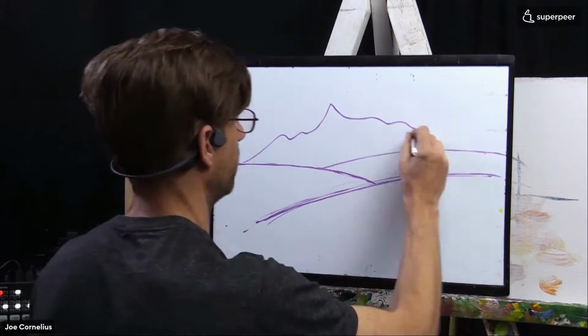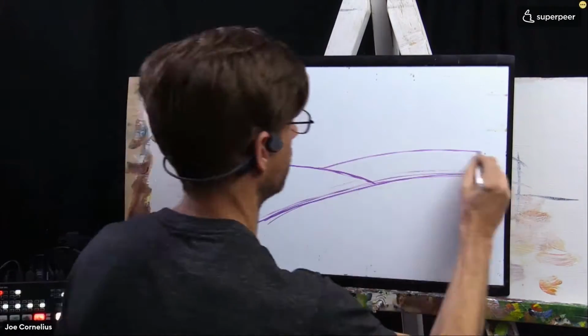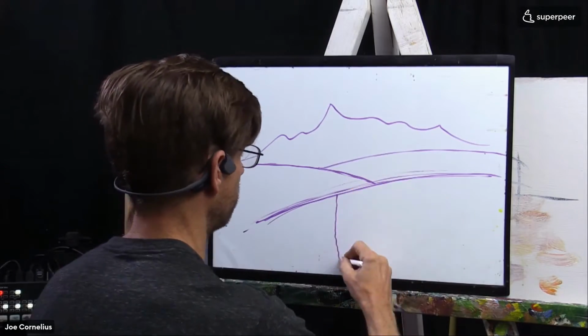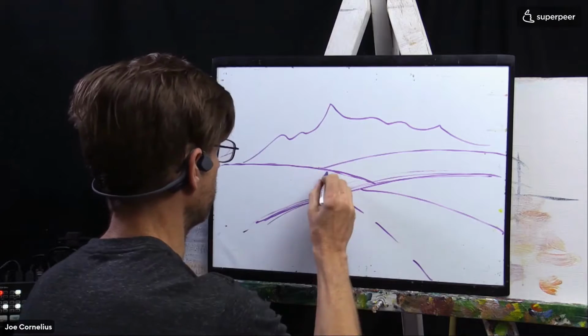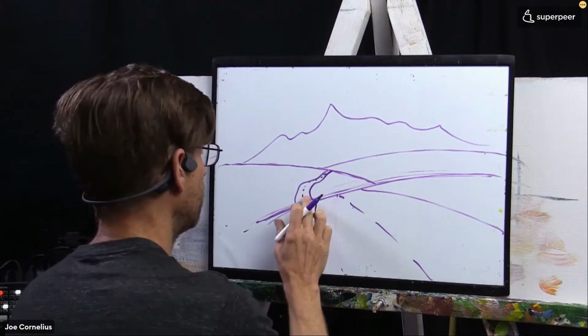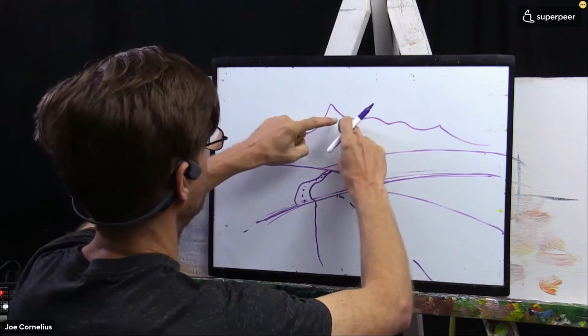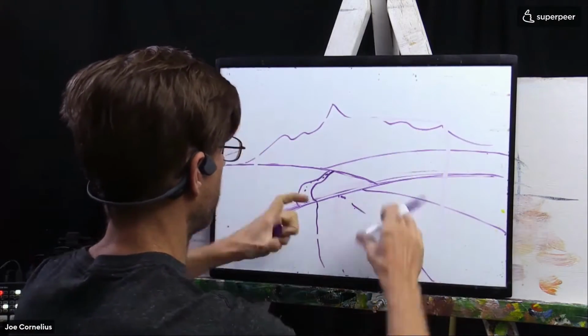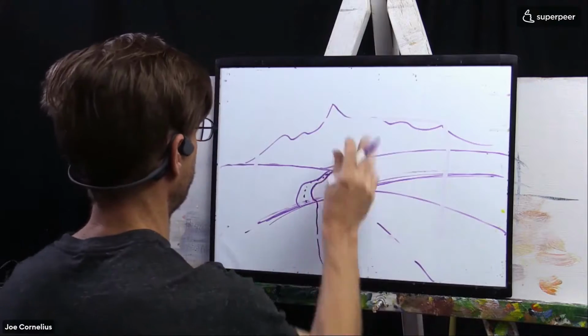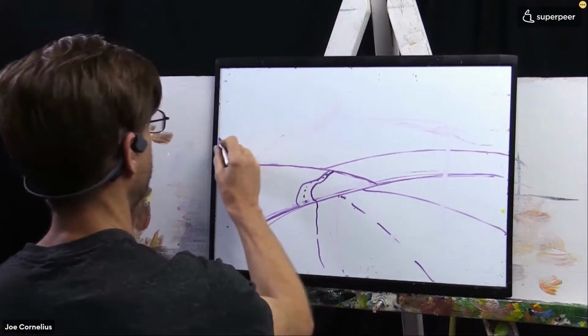What I want to show is that when we are looking down, let's say we're going to have a hill right here, and then we've got another hill here. We can take a scene like this and make it feel more downhill simply by raising the horizon.